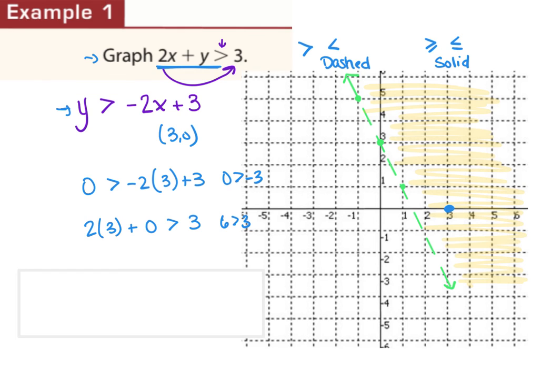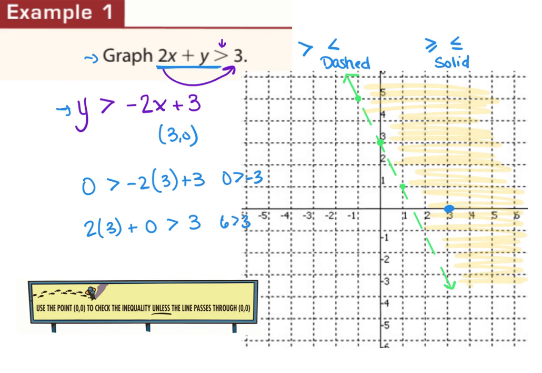So you can check to make sure you shaded the right side of the line by just picking a point and seeing if it works. If you pick a point not in the shading, it should give you a false statement, okay? Because your book actually recommends that you choose 0, 0 to check it. All right, so let's look at 0, 0 here. Is 0, 0 in my shading? No, it is not.